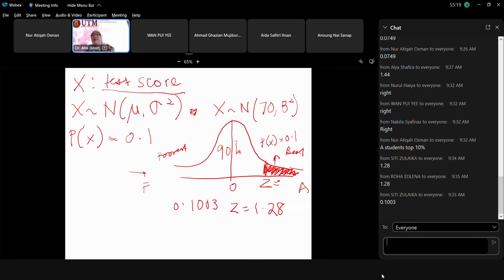Anyone else? Okay, since everybody is quiet, I think you already agree with Roha. So the Z value is 1.28. So this is the critical value here. Z is equal to 1.28.